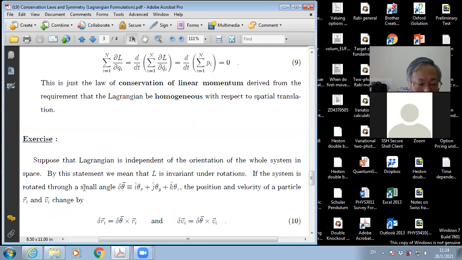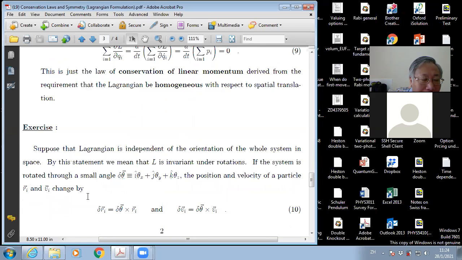Now, without looking at the solution, let's try to work out this exercise. In this example, we have a Lagrangian which is independent of the orientation of the whole system in space.